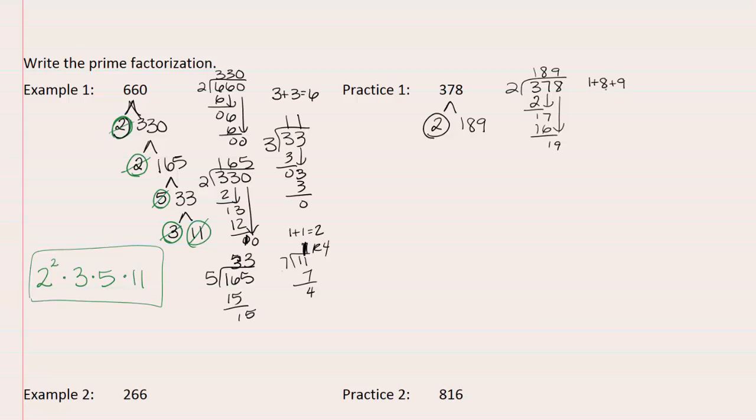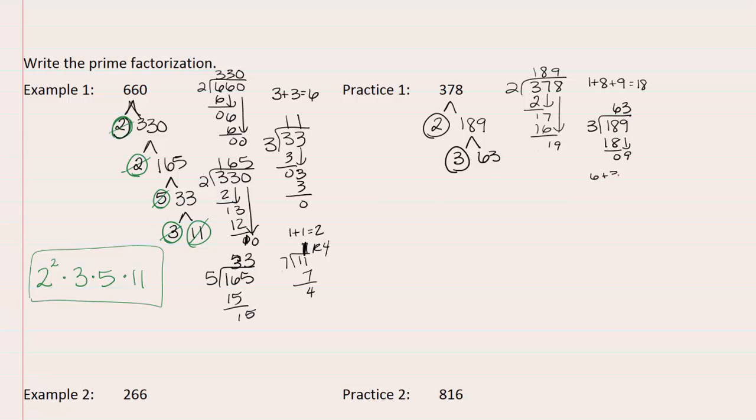So 1 plus 8, 9. 9 plus 9 is 18. 18 divides by 3, so 189 must divide by 3. 3 goes into 18, 6. 3 goes into 9, 3. So this is 3 times 63.